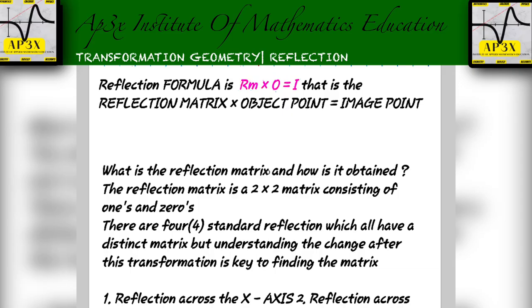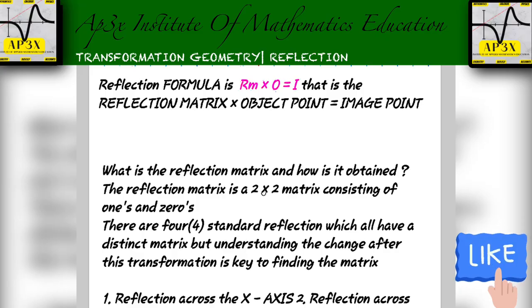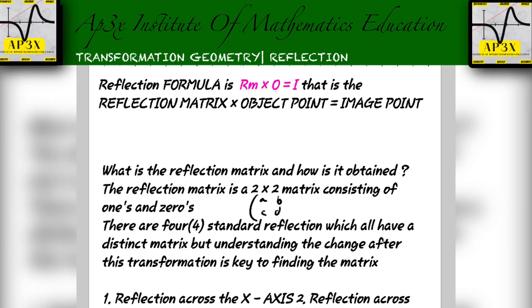Now, what exactly is the reflection matrix and how do we actually obtain this particular matrix? Let's first understand that the reflection matrix is a 2 by 2 matrix. What does 2 by 2 mean? It means that this matrix has 2 rows and 2 columns. So it's going to look something like a, b, c, d.